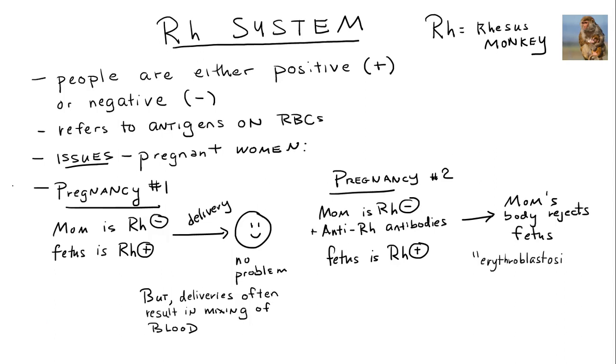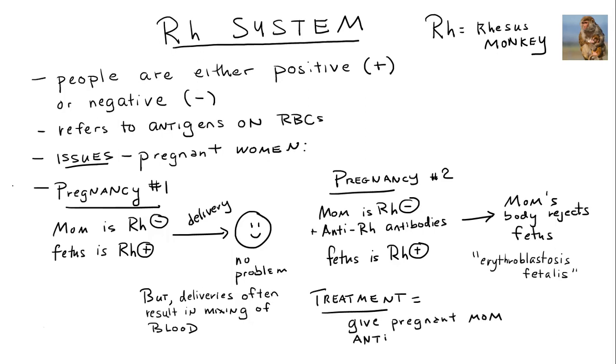But fortunately, modern medicine has stepped in, and there's a treatment for that, which is to give the pregnant mom anti-Rh. Basically a medication that sops up all of the anti-Rh antibodies so that her antibodies are not going to be able to react with the fetus and reject the fetus.